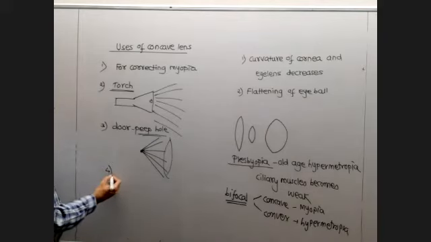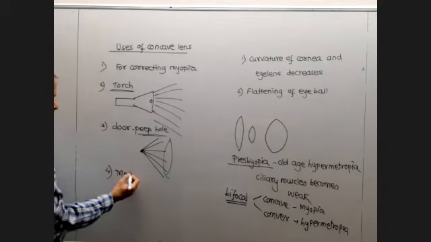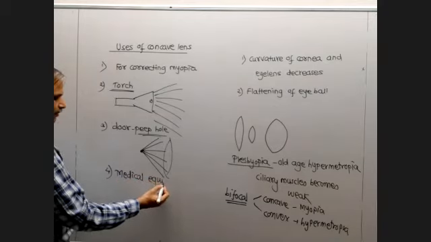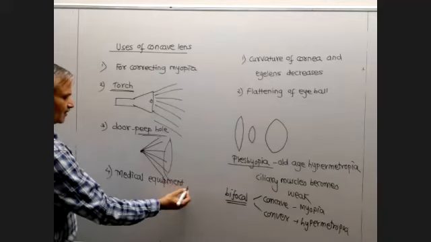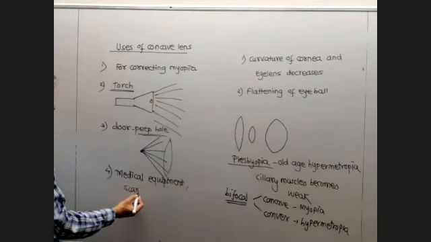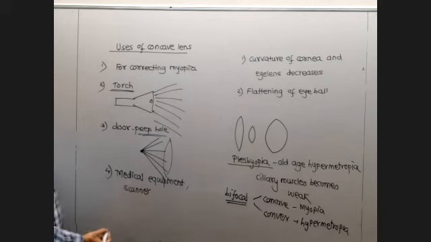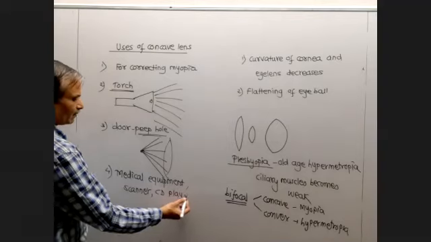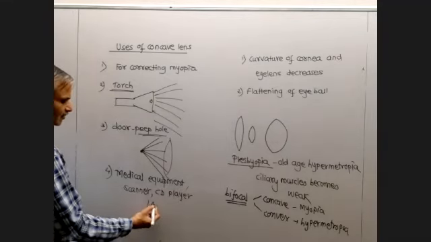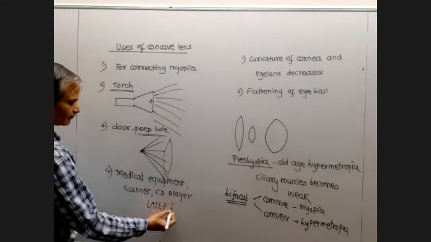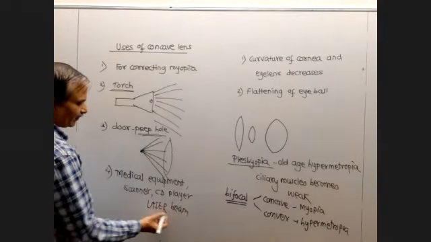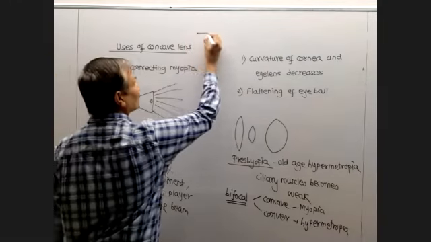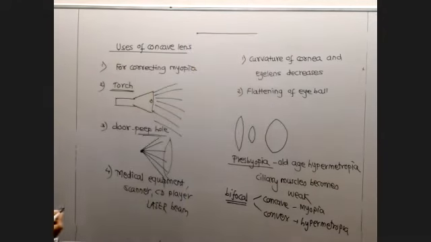Then in medical equipment, scanner, CD player, actually in that we use the laser beam. Function of the laser beam is that it can go thousands of kilometers but only in a straight line.